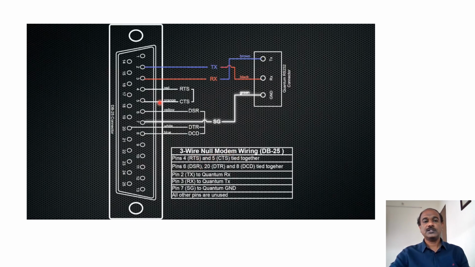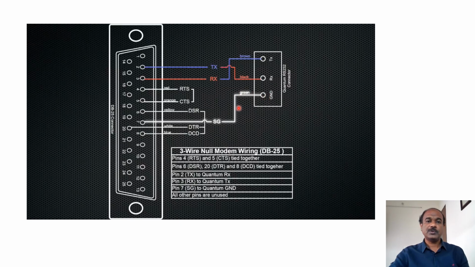So how do we connect this RS-232 cable to a computer in the case of a null modem, when there is no modem? If I want to communicate bypassing the modem, the transmit line of this RS-232 cable should be connected to the receive line of the computer. The receive line of the RS-232 cable should be connected to the transmit line of our computer.